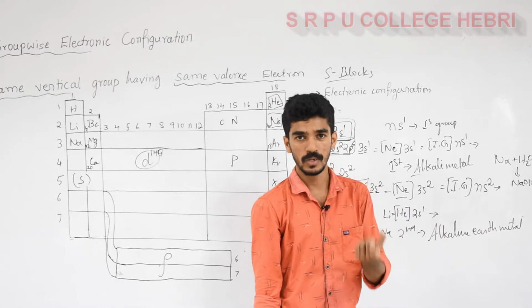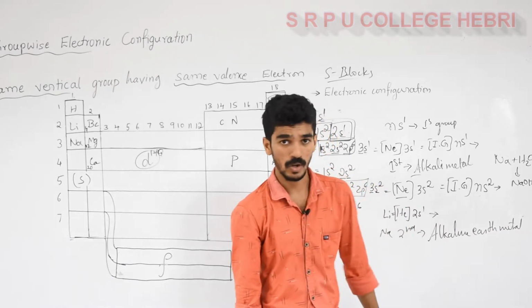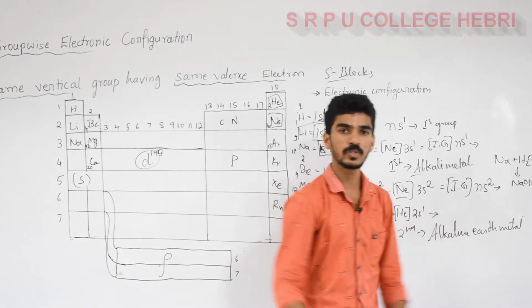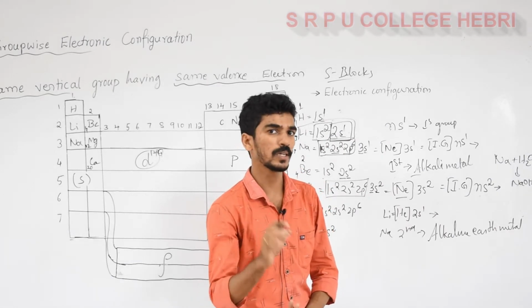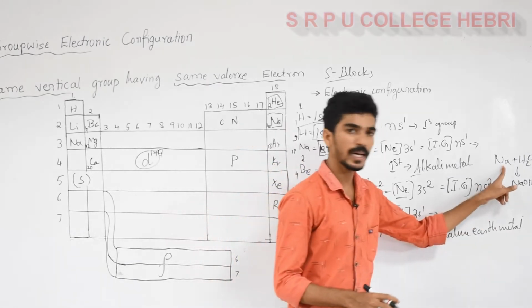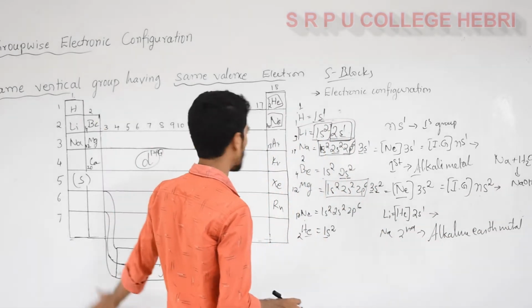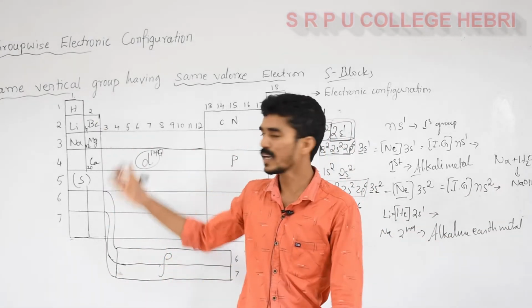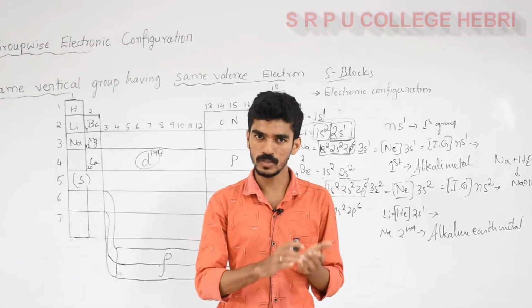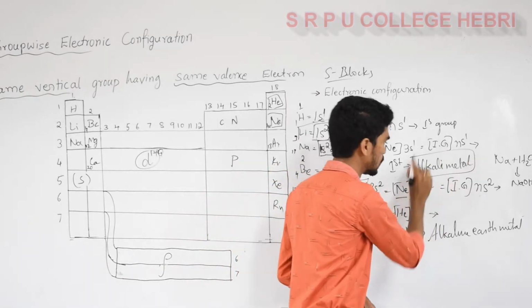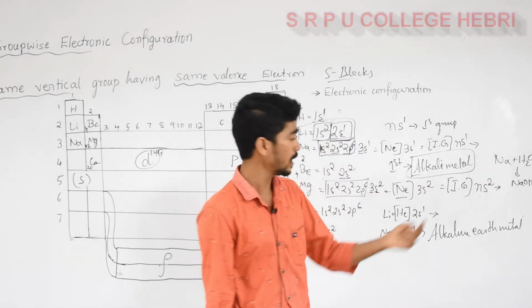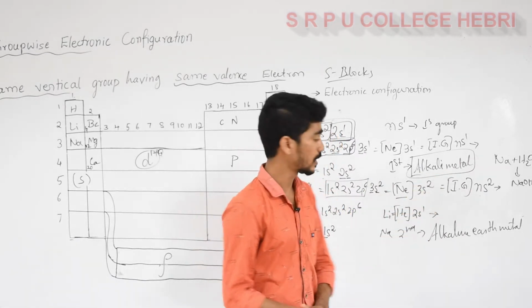NaOH is a base, and the pH value of NaOH should be more than 7. Above 7 is called a base. So any alkali metal from this group that reacts with water produces bases, so it is called an alkali metal.